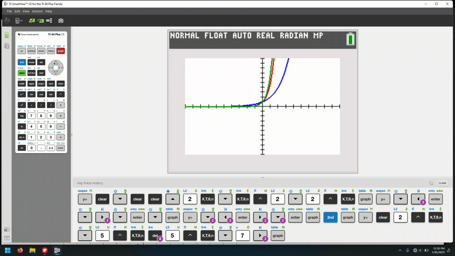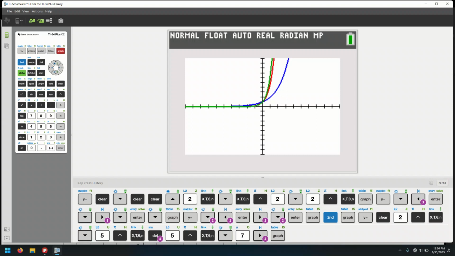But essentially, the shapes of these functions are similar, and they also happen to have the same asymptotic behavior for really small values of x. It goes to negative infinity, never actually touching the 0. Even though the calculator is showing us an intersection with the x-axis, there's actually a horizontal asymptote there. Yes? What about 1 to the power of x?